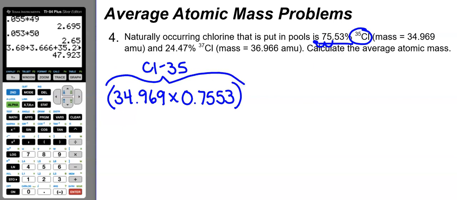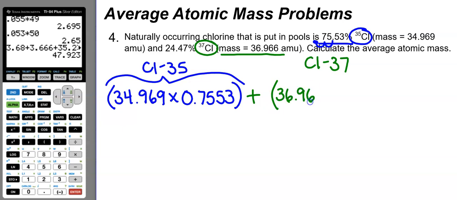And then we'll do the same thing for the other isotope, which is chlorine-37. We'll do it over here, and then we'll just add these two things together. So this is a way to show all your work without the table format. So this is for chlorine-37. And we'll do the same thing. We'll pick its mass up, 36.966.